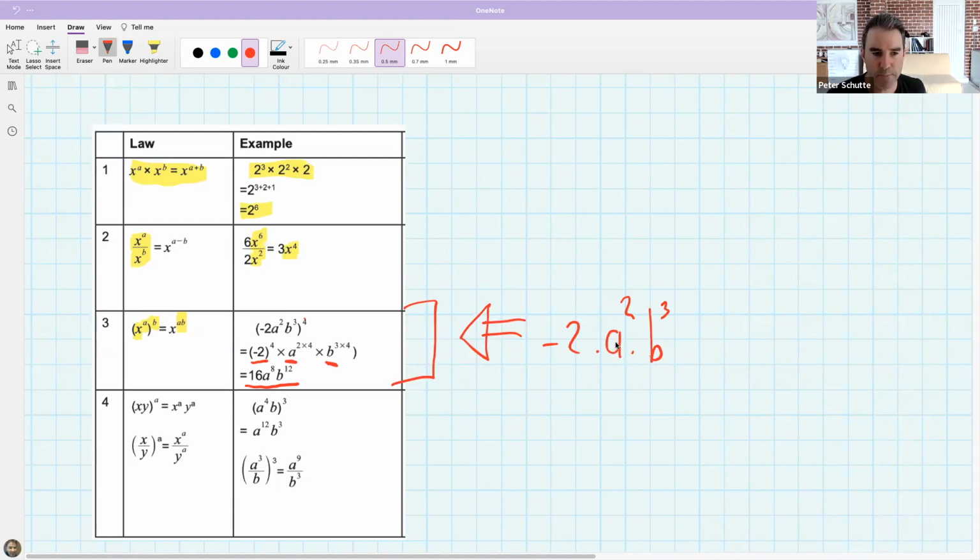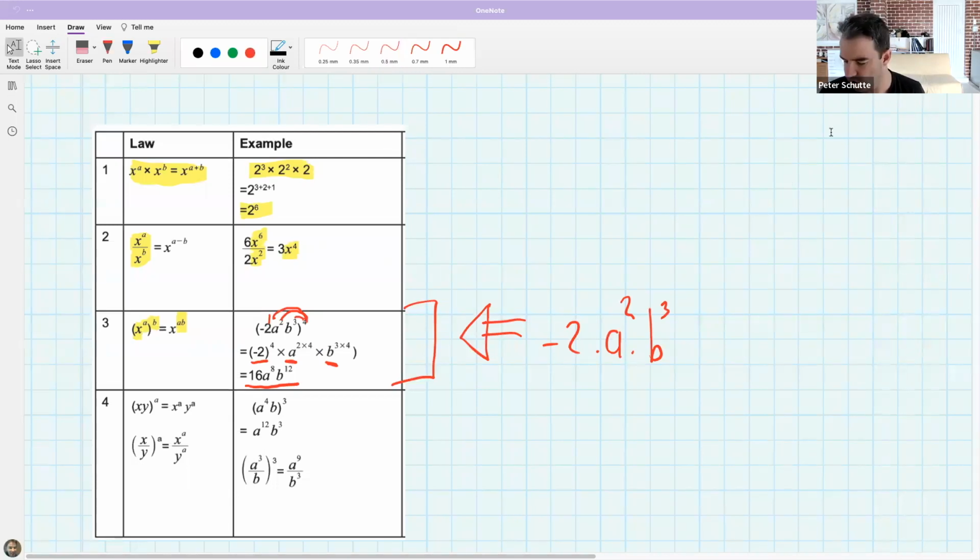And all that's happening is the 4 is being multiplied by all the powers inside. So 4 times 3 is the 12, 4 times 2 is the 8, and the 4 times the 1 is 4. But minus 2 is in a bracket, and so that's where we get that. Okay, so quite a few of you are also still unsure on that. So I'm going to come back to that question later in the lesson and make sure we practice it.